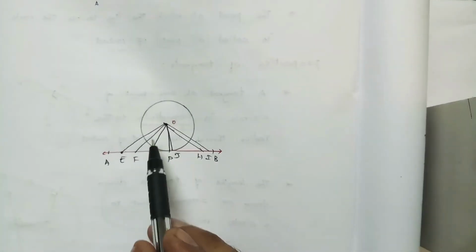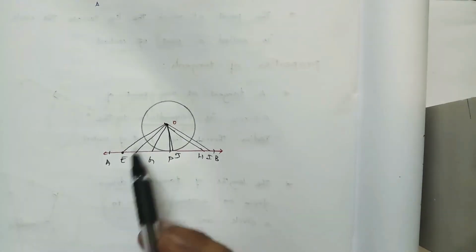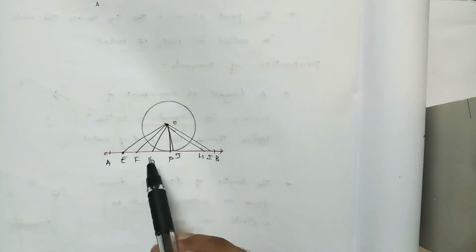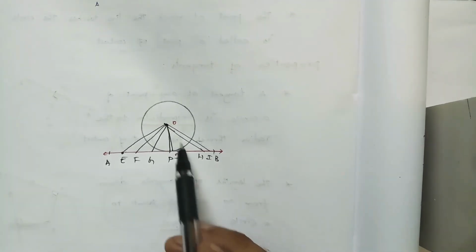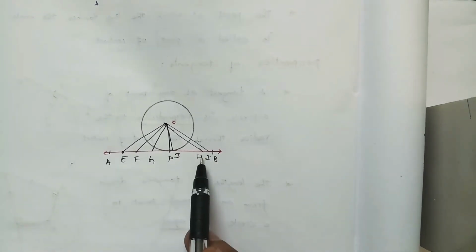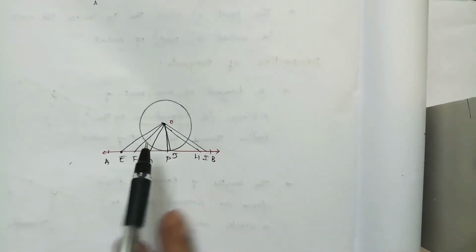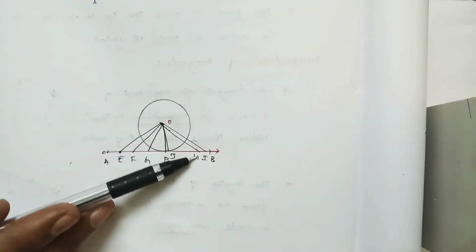We have so many line segments from the point O to AB: OE, OF, OG, OP, OJ, OH, OI, and so on. Among these line segments, which is the shortest? Is OE the shortest, or OJ, or OH, or OP?